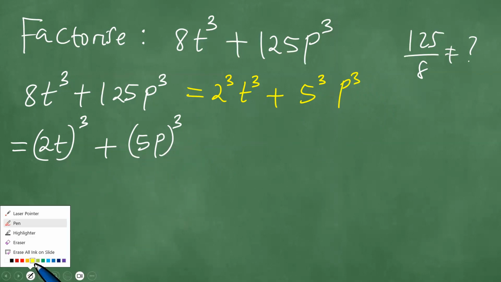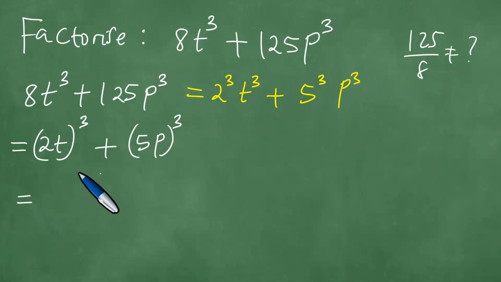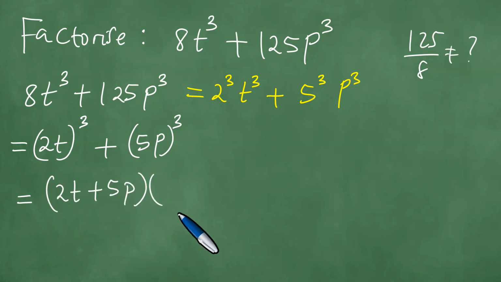So what is the next step from here, Leander? What do we write here? 2t plus 5p. Well done. 2t plus 5p into what? Yes, you square the 2t, so it's 2t squared.